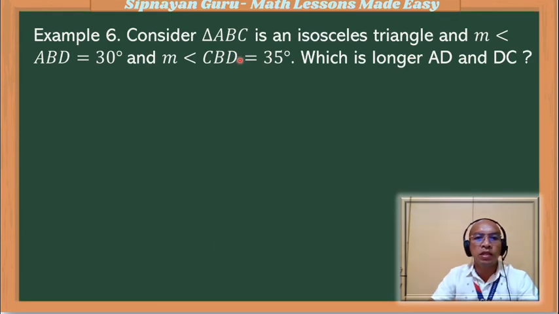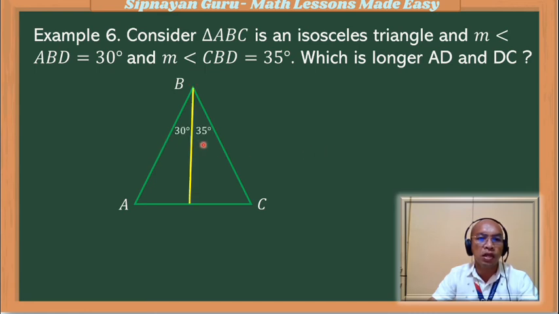Example number 6. Consider that triangle ABC is an isosceles triangle and the measure of angle ABD is 30 degrees. The measure of angle CBD is 35 degrees. Which is longer, side AD or side DC? This is an isosceles triangle, and we all know that an isosceles triangle is a triangle with two equal sides.